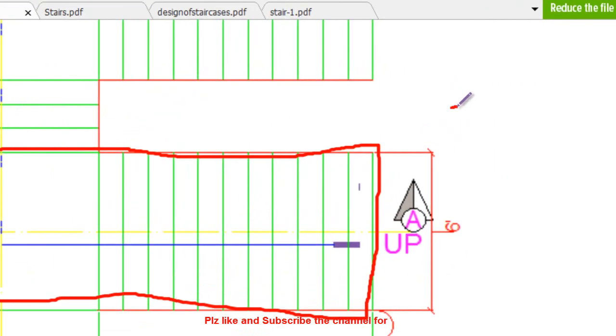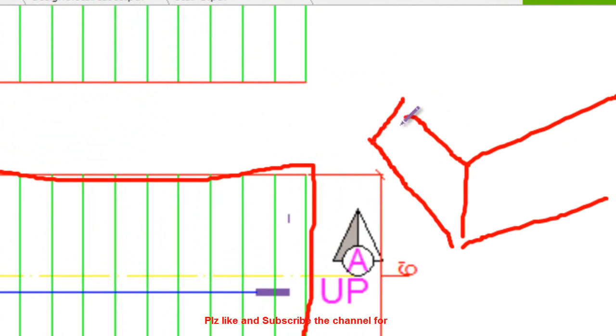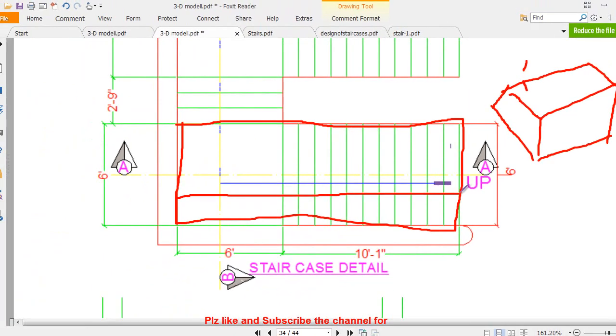Its depth is how much? You see that the depth is 9 inch, the width is 72 inch or 6 feet, and you just consider 1 feet length, as we design a beam. Or you can consider one strip of this flight and design for that one strip as we did for a slab.